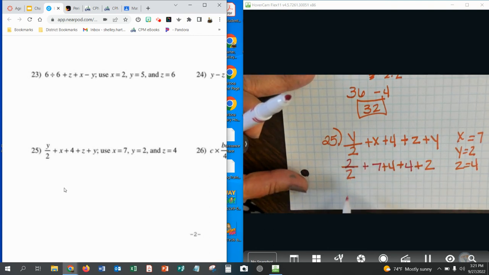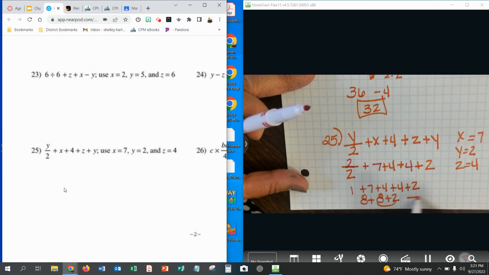So 2 divided by 2 is 1, plus 7, plus 4, plus 4, plus 2. So 1 plus 7 is 8. Okay, and then 4 plus 4 is 8, plus 2. So 8 plus 2 is 10, plus 8 equals 18. And that's your answer on this one.